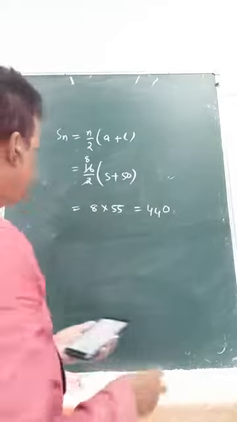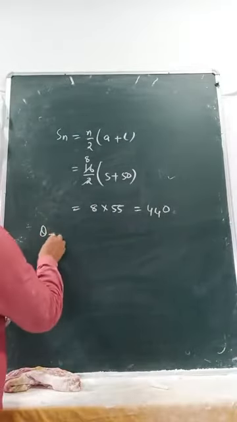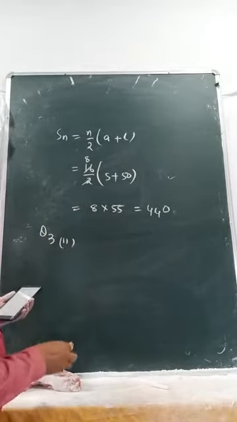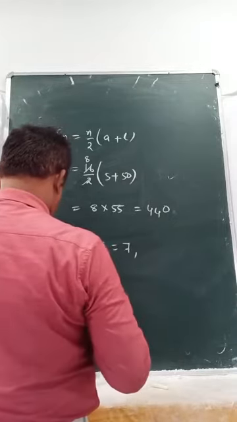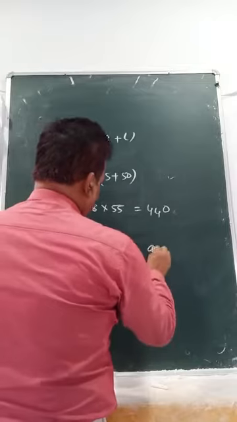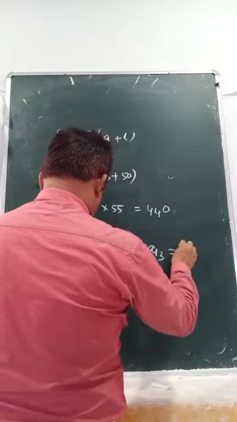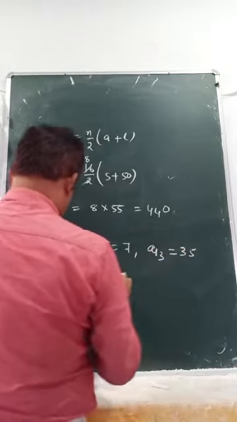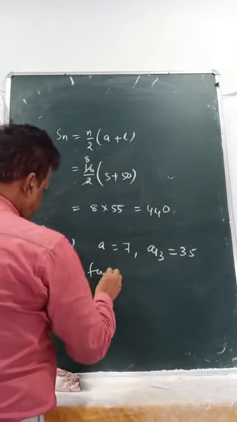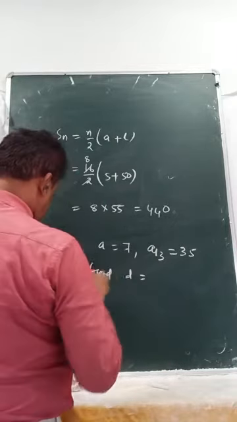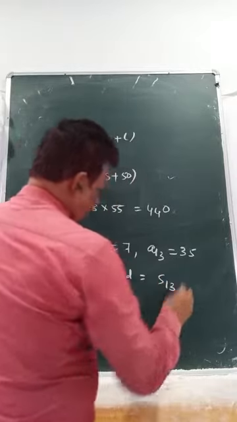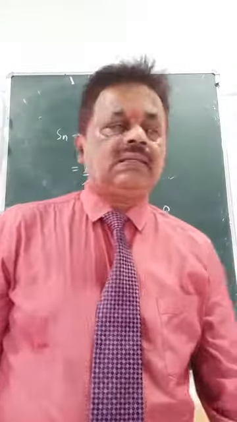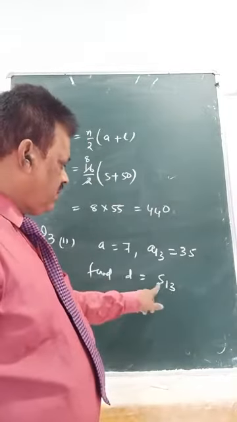See the second part of question number 3. A equals 7, A13 equals 35. Find D and S13. So when you are asked S13, that means your N is 13.